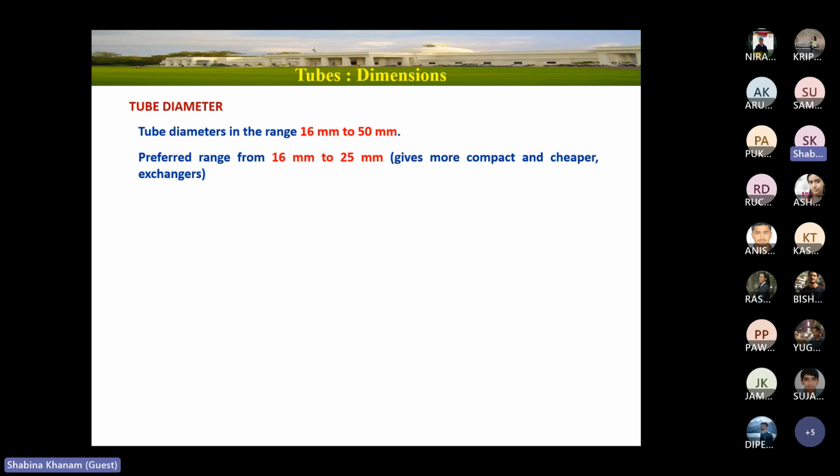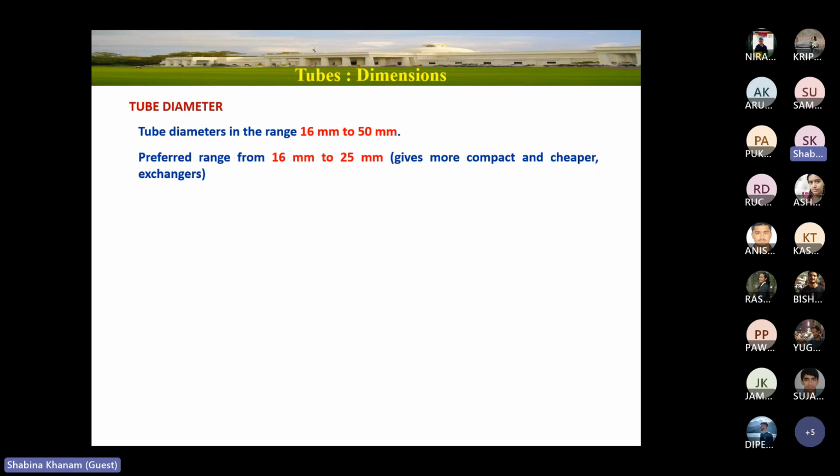However, whether we consider the whole range of 16 mm to 50 mm or the preferred range of 16 to 25, you cannot choose any value in between. Let's say if I have 16 mm, you cannot choose 18 mm. You can choose only those values which are available in the market, and I'll show you what these values are.